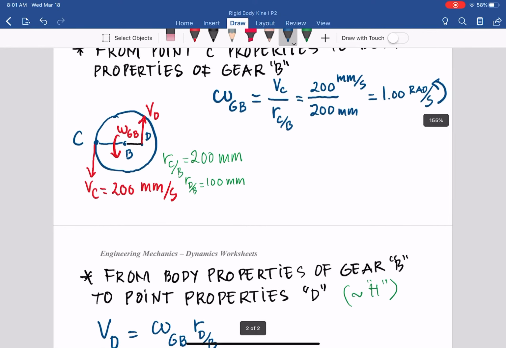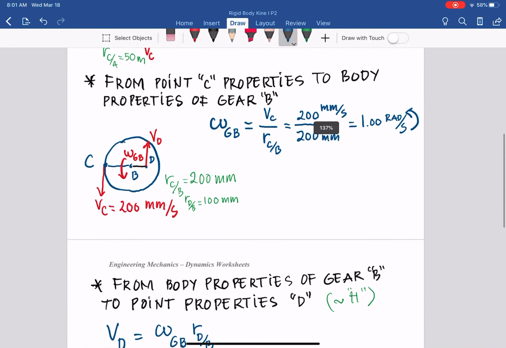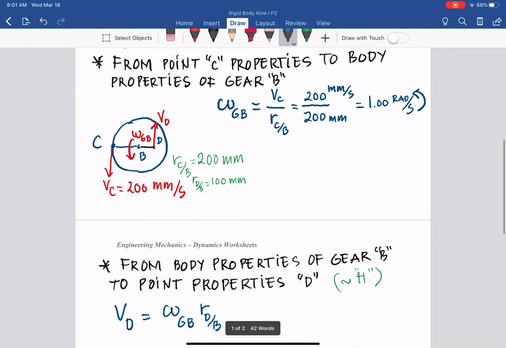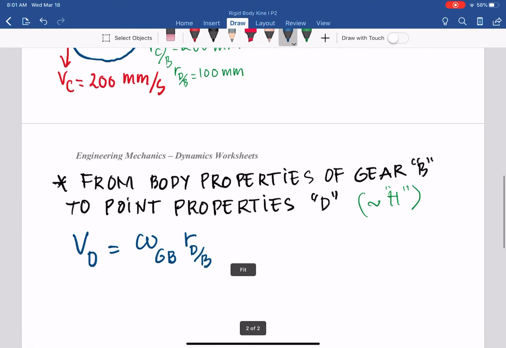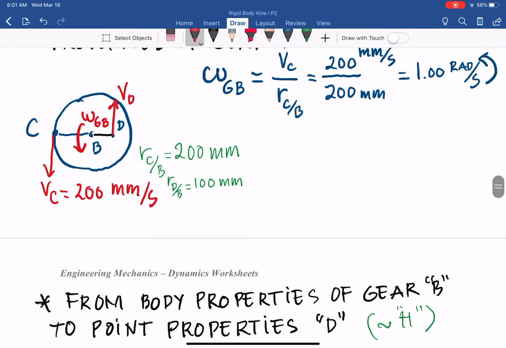If we talk about point C, then the radius is C relative to B, the center where the body rotates about. This one is D relative to B. So when you have D, then it has to be D there. When you have C, then C has to be there. Keep that in mind.